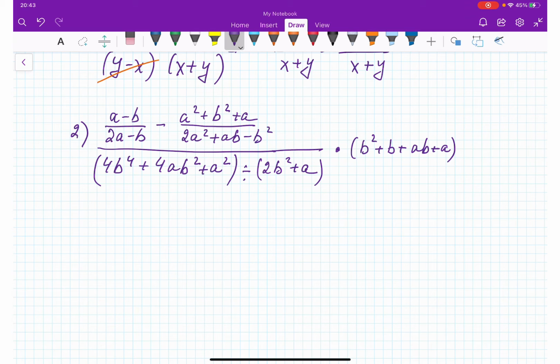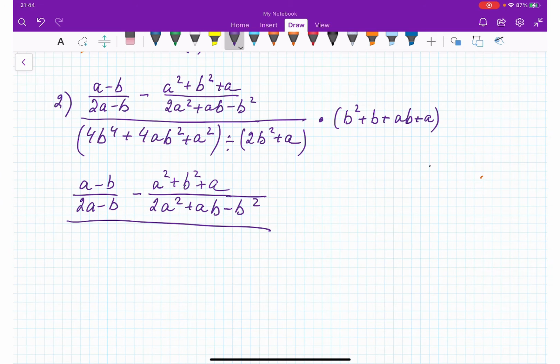Okay, let's start solving. So we are getting in the numerator (a minus b) over (2a minus b) minus (a squared plus b squared plus a) over (2a squared plus ab minus b squared). And now I would like to work out this denominator here.